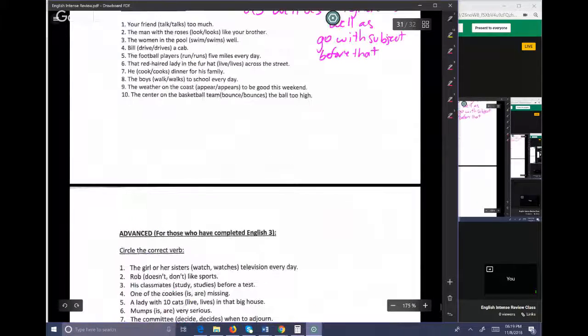Once you are done with this class, of course, there will be a key so that you can check all your work. The goal of this class is to remember all the things you're supposed to be ready to answer, but also to start thinking of them together and start having these kind of indicators that are located in the different sentences that are really able to help influence how you answer your questions.